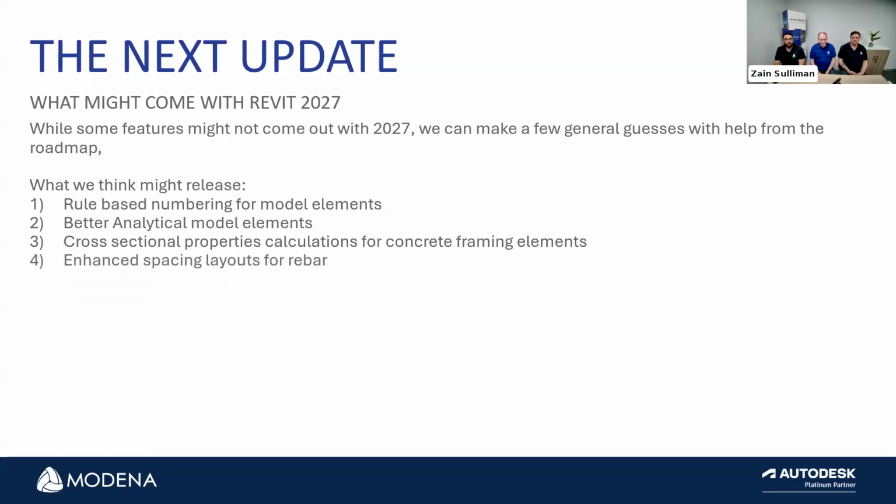The next one is enhanced spacing layouts for rebar, so your rebar distribution. This is going to help a lot, especially with beams and those companies which actually do irregularly spaced rebar. So it's a nice feature to have.